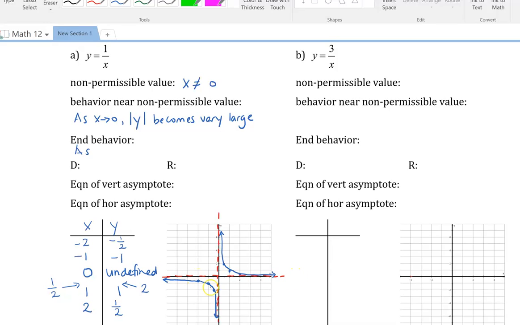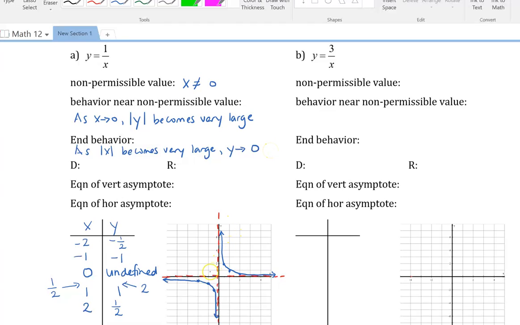On the left side, as x gets larger and larger negatively, the y value is still getting closer and closer to 0 as it approaches this red dotted line, or we can say the x-axis. So what we can say is the end behavior is, as the absolute value of x becomes very large, meaning whether I approach positive infinity or negative infinity, the y value is going to get very close to 0, or y approaches 0.